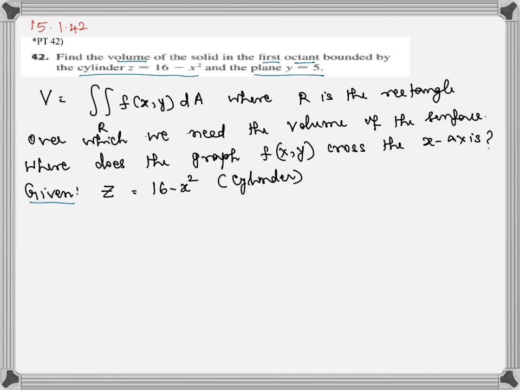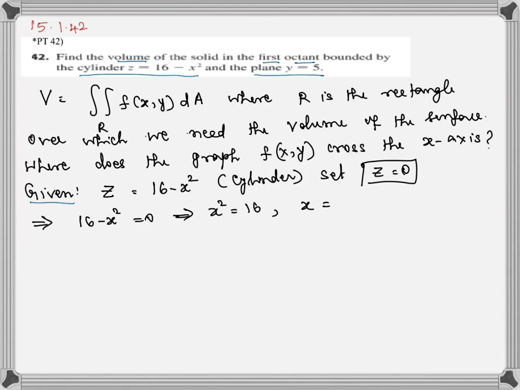So we get 16 minus x square equal to 0, which means x square equal to 16 or x equal to plus or minus 4. But we can throw away the negative 4, because we are considering the whole surface in the first octant that is given in the problem.